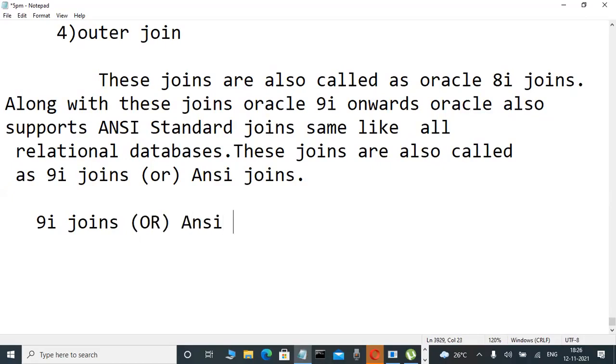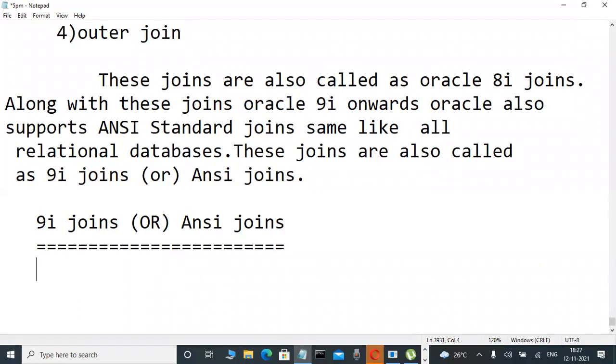Actually, why I'm starting joins today, at least as an introduction, is that tomorrow many fellows may not attend, maybe on Saturday. So I'm telling the important points so you can understand. If you don't attend joins, you won't understand anything. That much powerful. Now, 9i joins or ANSI joins.